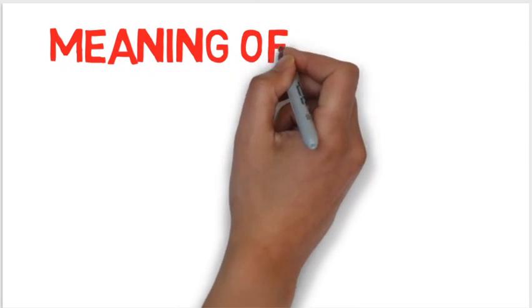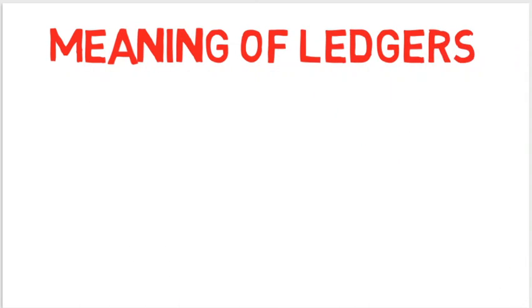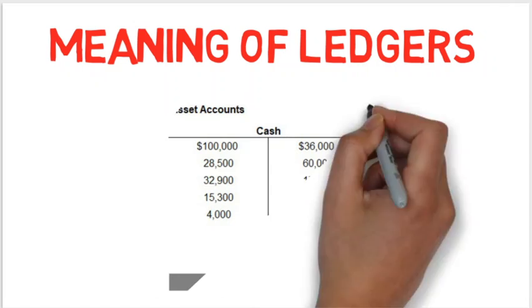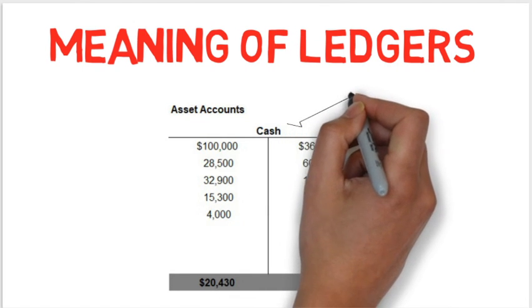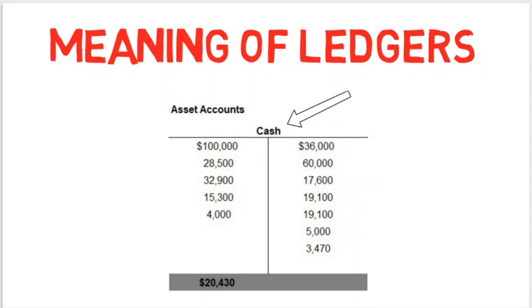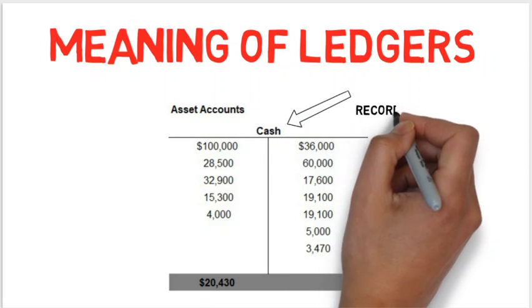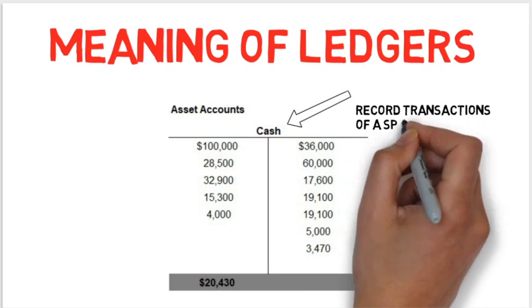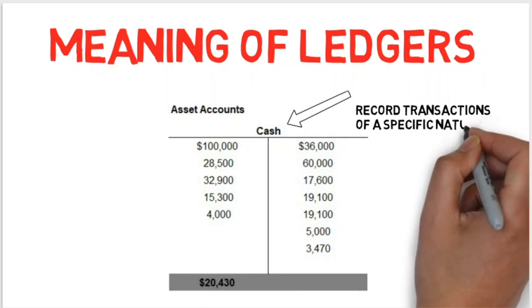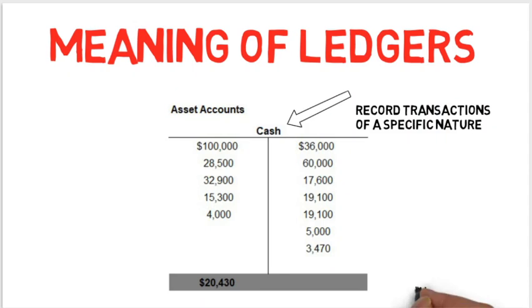Meaning of ledgers. A ledger is basically a record in which we record transactions of a specific nature. Every ledger relates to a particular person, asset, expense, or revenue. For example, most common ledgers show transactions relating to cash, bank, land, building, inventory, salary, capital, debt, etc. The most important function of ledgers is to sort individual transactions into separate individual accounts.